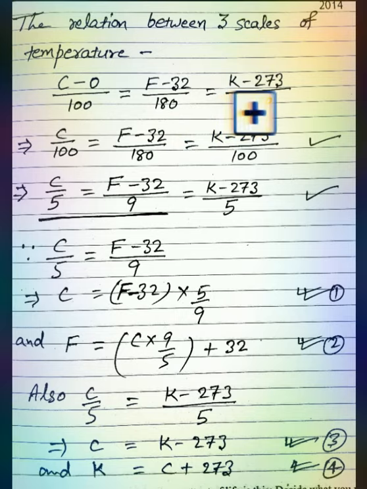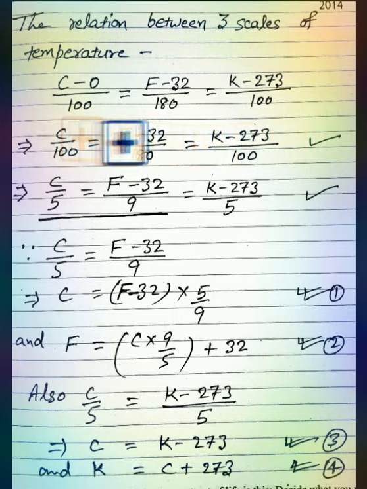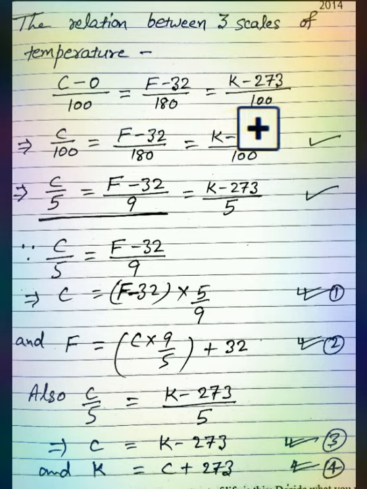Similarly for Kelvin, the reading in Kelvin minus 273, that is its lower fixed point, divided by the difference between the two fixed points in the Kelvin scale. These three values will be equal, and this gives the basic relation between the three scales of temperature. If we simplify, C minus 0 is equal to C itself.